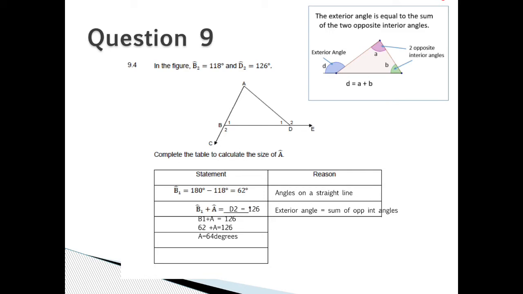Angle B1 plus angle A is equal to D2, which is equal to 126 degrees, because the exterior angle is equal to the sum of the interior opposite angles. Angle B1 plus angle A is equal to 126 degrees. 62 degrees plus A is equal to 126 degrees. So A is equal to 64 degrees.